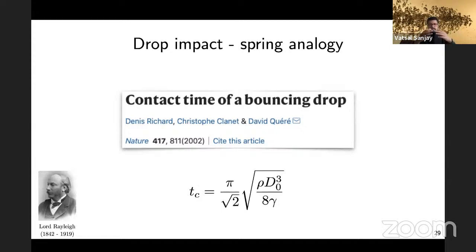The only difference between an oscillating drop and a drop impact is the presence of this substrate, which is going to create an asymmetry in the drop oscillation cycle. This means that the time period of drop impact should be equivalent to this Rayleigh time period of drop oscillation, which is given by the inertio-capillary time scale. And that's why I chose this time scale in the previous slides, by the way.